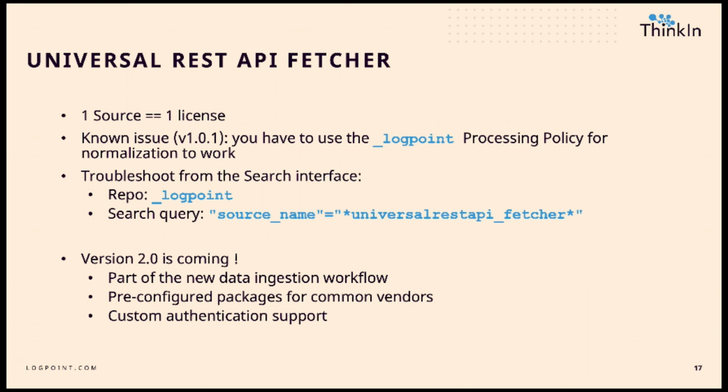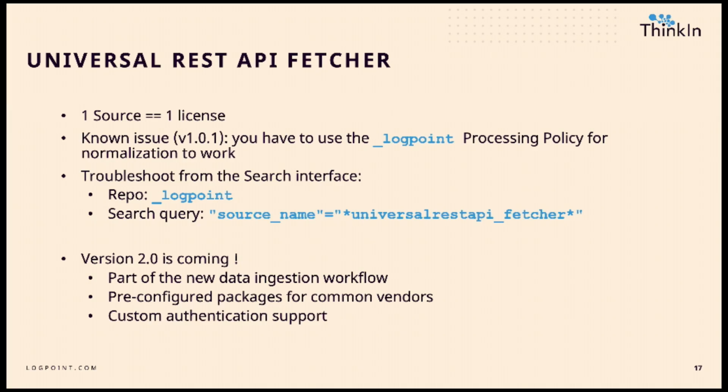A few additional details. Each source configured in the REST API fetcher will use one license node. A known issue: to normalize the logs coming from the REST API fetcher, for now you have to use the _logpoint processing policy.